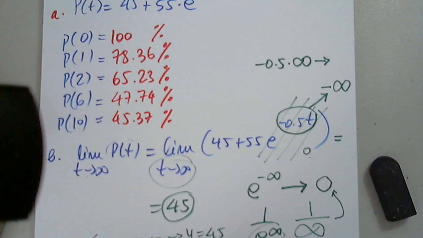To be exact, I will also graph this line, y equals 45. And now I'll click on graph. Aha! The red line is the horizontal asymptote. So it's coming from 100, decreasing, decreasing, eventually getting closer and closer to 45. That's the reason why we always put the horizontal asymptote as an additional function.